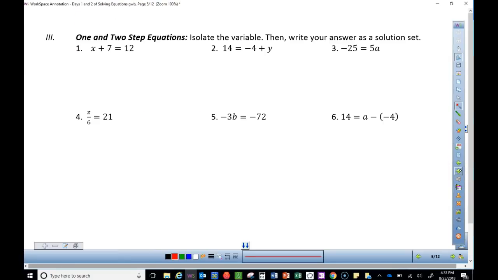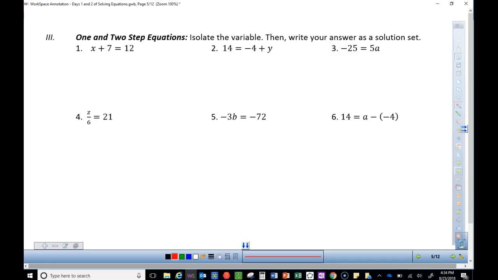So remember that we've got a variable and a bunch of stuff happened to it, and we need to undo those. So the order of operations have us doing things inside of the parentheses and then exponents, but mostly what we'll be focusing on when we're solving is multiplying, dividing, adding, and subtracting.